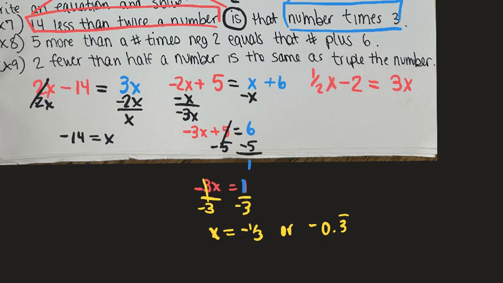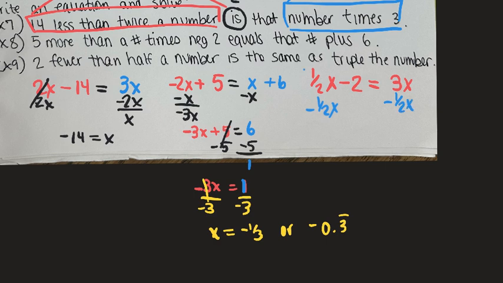Okay, so I'm going to help you on this one because we've got to get the x's to live on that side in that house. So I need to get rid of the 1/2 x by subtracting the 1/2 x.